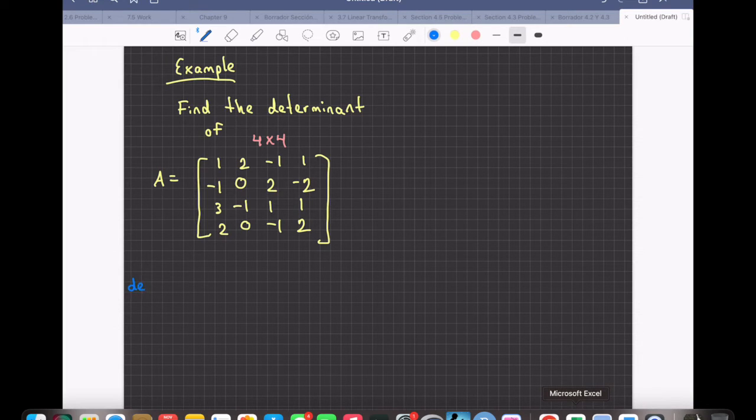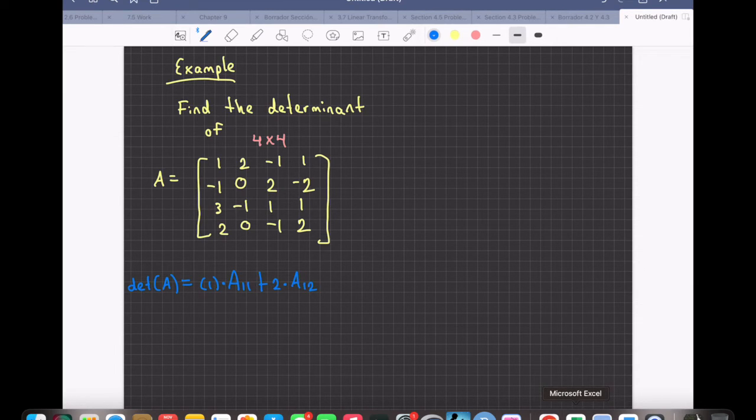The determinant of A is going to be equal to, focus on the first row. The first row, the first element. The first element is 1. So I'm going to write 1 times the cofactor A11 plus second element in the row 1, that is 2, times the cofactor A12. Why A12?